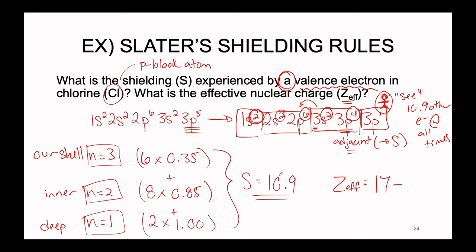And we're going to subtract out that shielding factor that we just calculated, a total of 10.9. This gives us a grand total of 6.1, and this is equal to the, again, number of protons that are seen by the valence electron that we're hanging out with. So we see a total of 10.9 electrons, and we see a total of 6.1 protons.